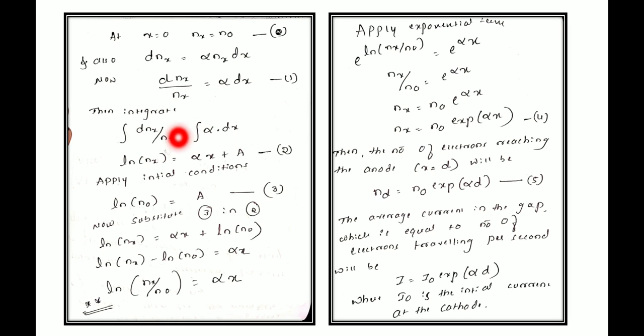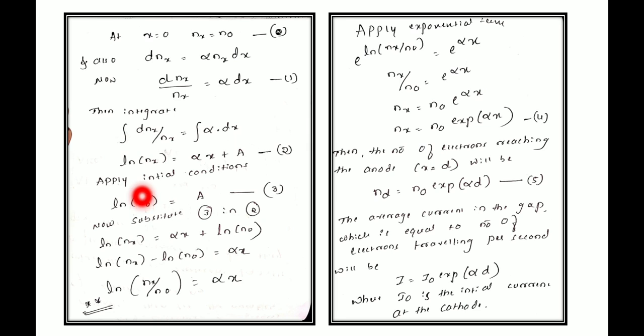Then integrate the terms: integration of dnx divided by nx equals integration of alpha into dx. Once we do the integration, we get ln of nx equal to alpha into x plus an integral constant, alpha being a constant here, which I will represent as a.